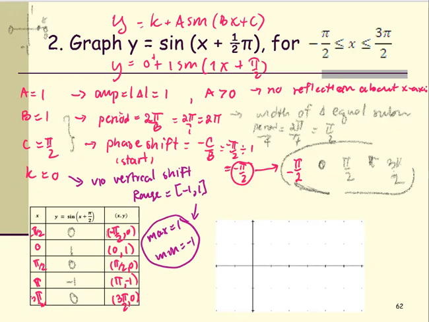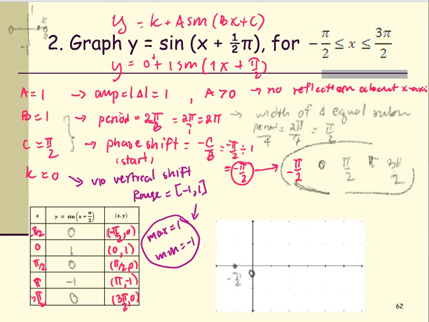Now, on the graphing area, the increment width is pi over 2, and the beginning point is negative pi over 2. So we're going to start at the point negative pi over 2 here and go by pi over 2 at a time. The next point is 0.